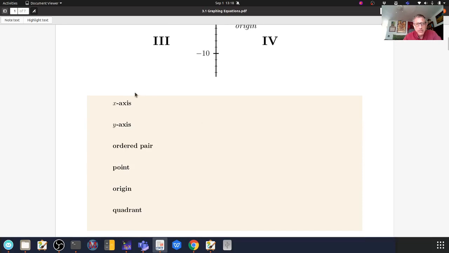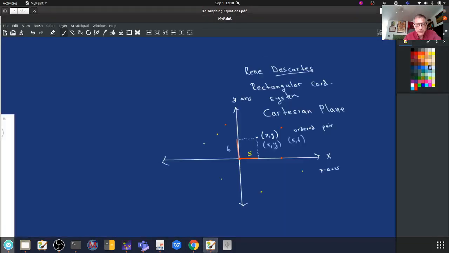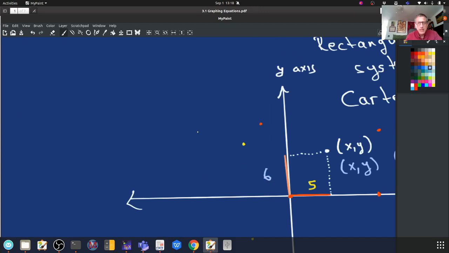So we went over the x-axis, we went over the y-axis. An ordered pair just has the form x, y.